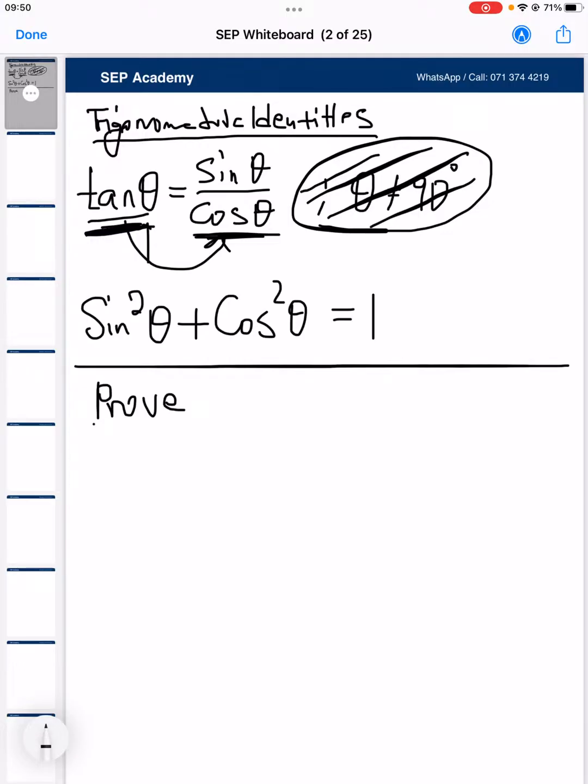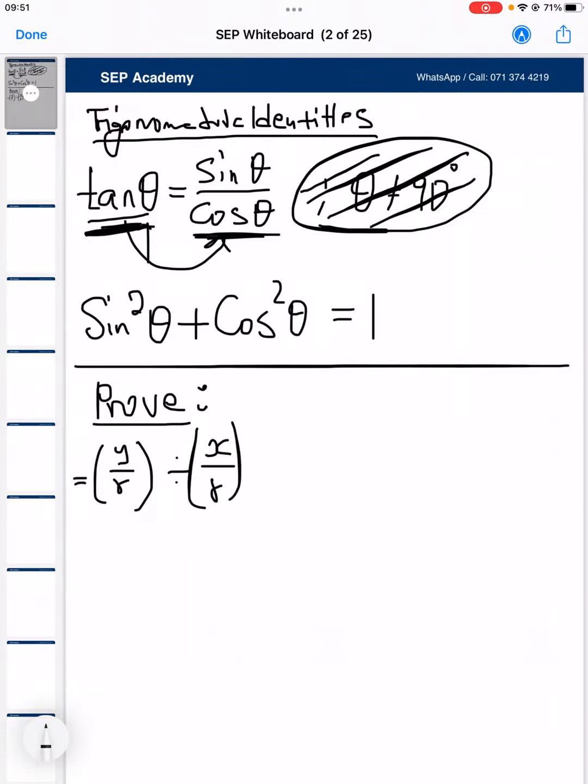Definitely as we continue, you are going to be doing some more proving, and it is the same principle. So in terms of proving, what is the ratio for sine? Sine, we know it is y over r, and that is being divided by x over r, being adjacent over that.